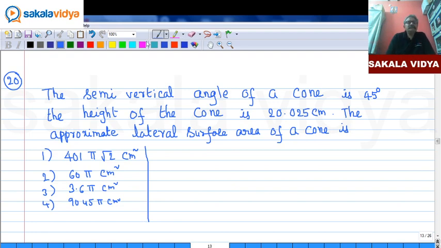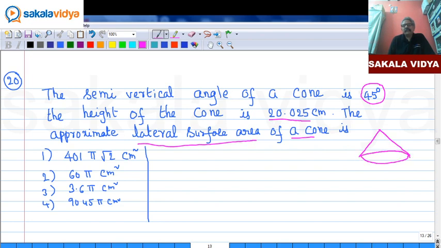Right. The semi-vertical angle of a cone is 45 degrees. Height of the cone is 20.025 centimeters. Then the approximate lateral surface area of a cone you need to find out. So, this problem is related to the cone.